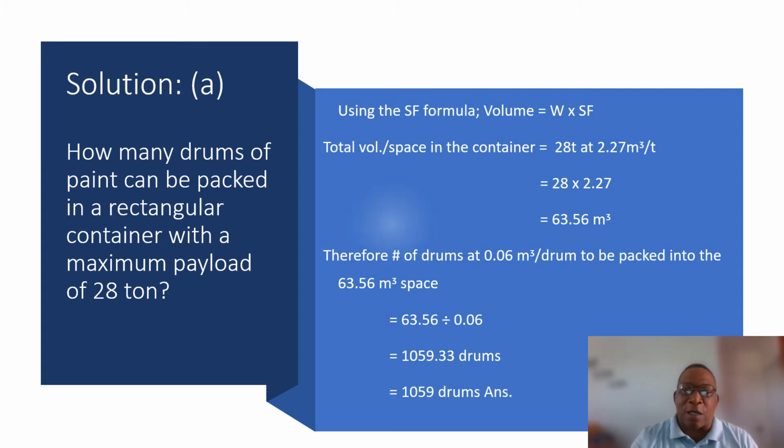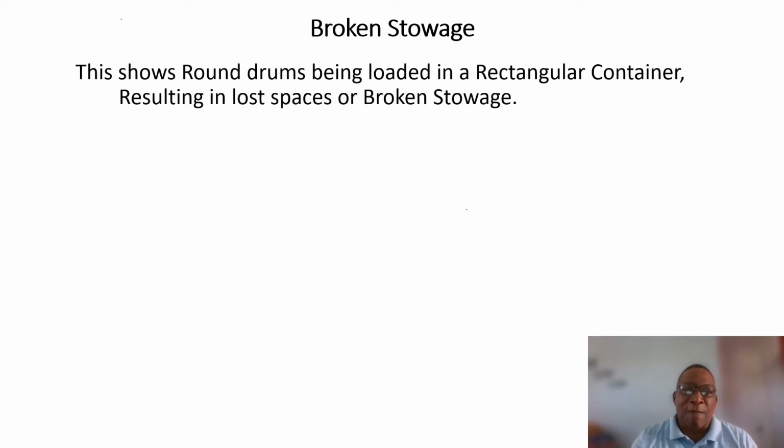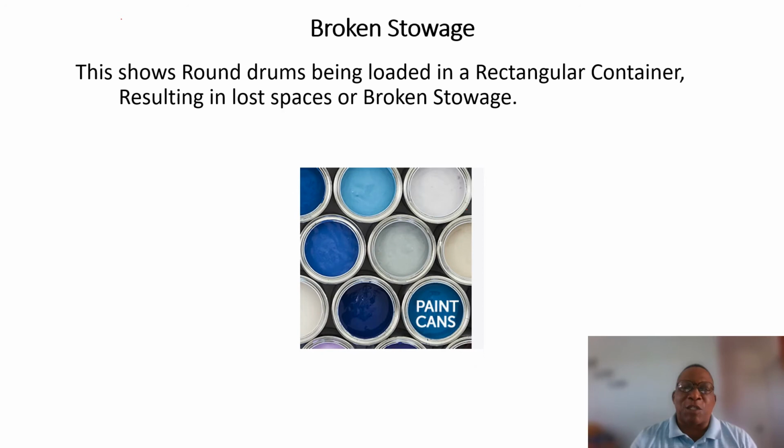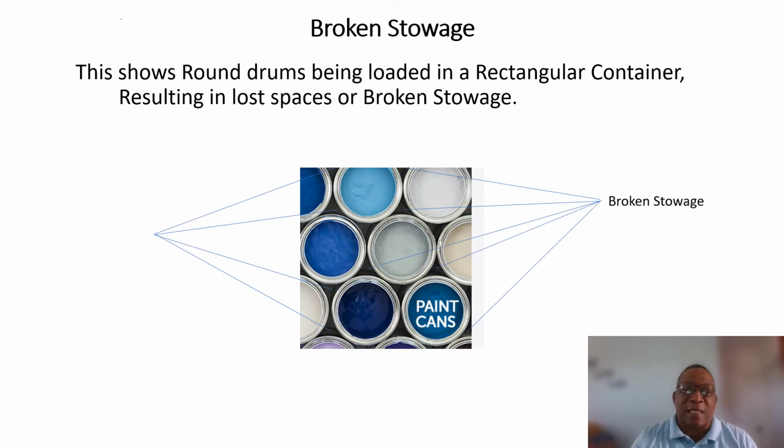So let us look at broken storage space, which is the 0.33 of the drums. Now this picture is going to show round drums being loaded in a rectangular container, as you can see, and all of these arrows are pointing to the spaces that are there, which we call broken storage spaces.